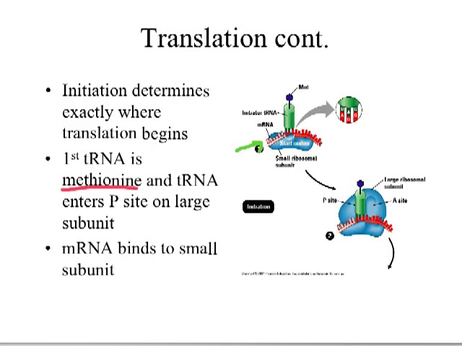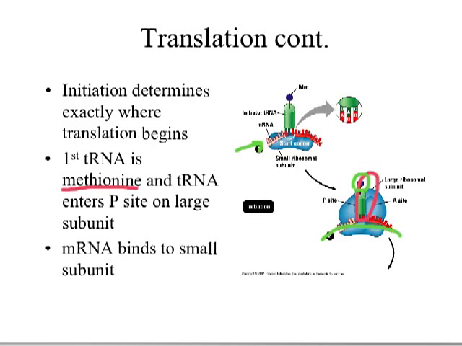So this tRNA that's going to hold the methionine is going to enter the P site on the large ribosome subunit. Okay, and so we've got the mRNA down here, that is attached to the small subunit, and then that initiator tRNA that carries the methionine amino acid is going to sit at that P site. Once we get all of that together, the initiation phase is complete.